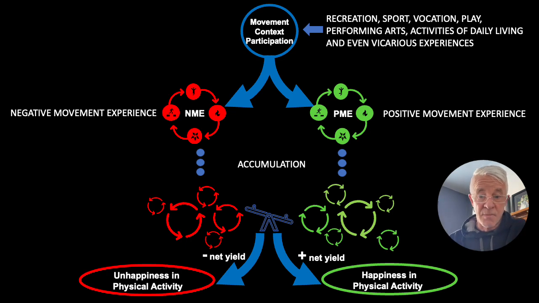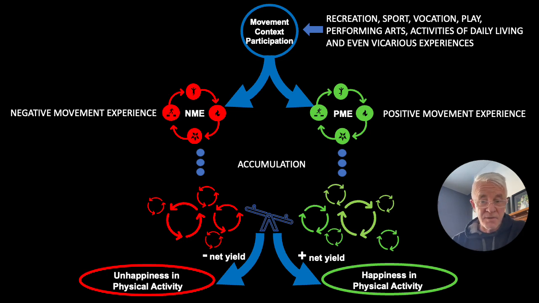You'd want to see most of them being green, most of them activating, most of them causing positive movement experience, because we, as adults, have crafted quality movement experiences intentionally. We know from science that if you accumulate more positive movement experiences, people, children, will then associate happiness with physical activity rather than unhappiness.